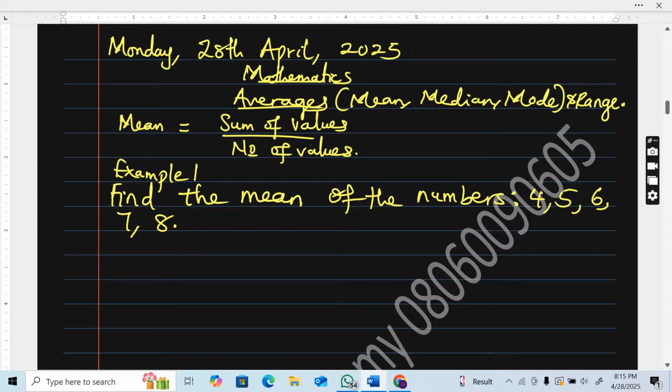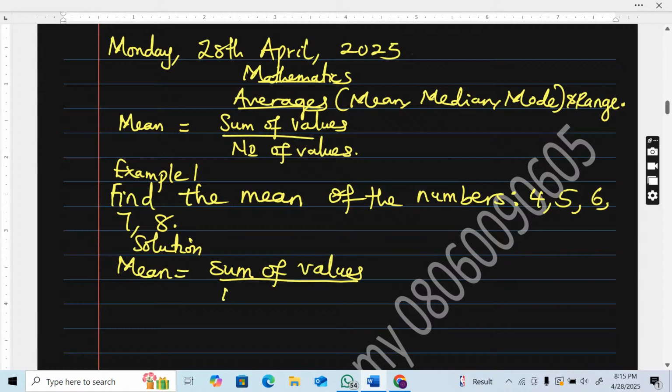Now, to find the mean, we need to apply the formula that I just gave, which is mean is equal to sum of values divided by number of values. This is the formula for finding mean.